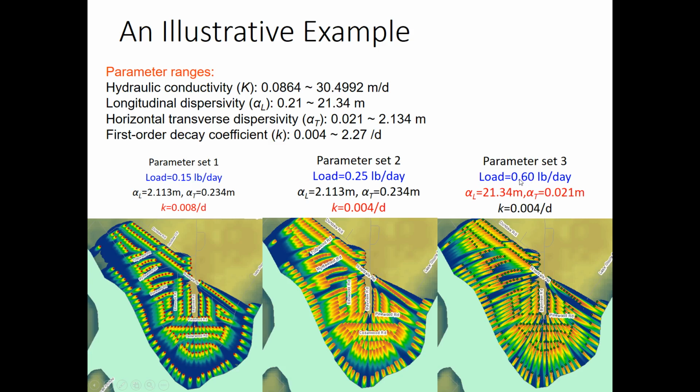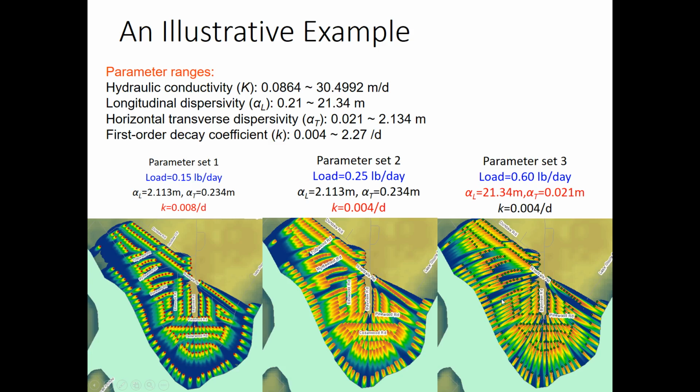The load is more than doubled, and the plume becomes narrower because I have more dispersion in the longitudinal direction, less dispersion in the transverse direction. You see the plume is like this here, but the plume definitely looks narrower for this case, right?